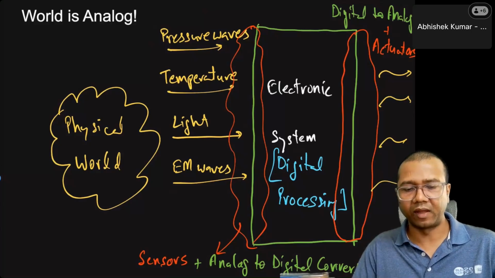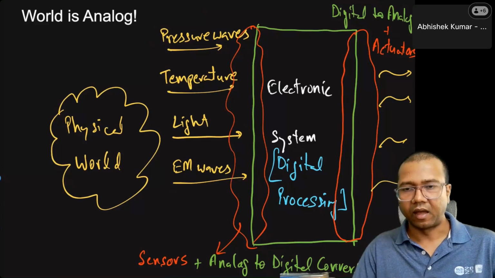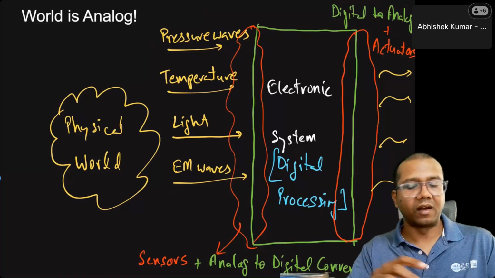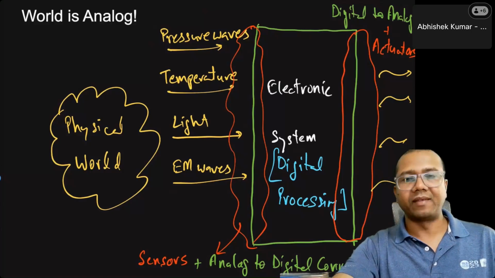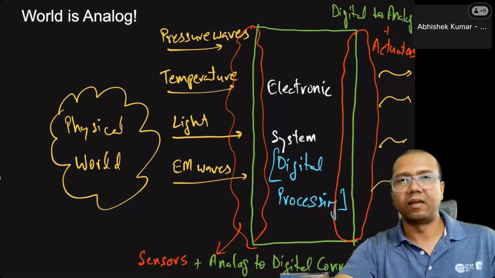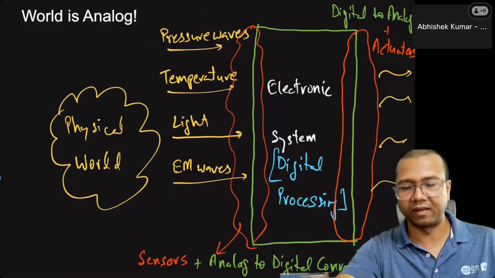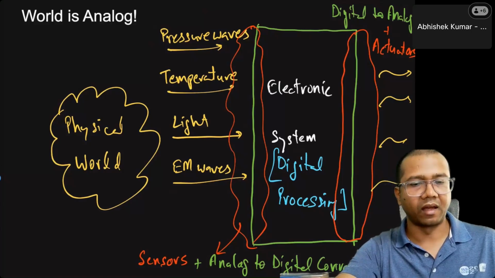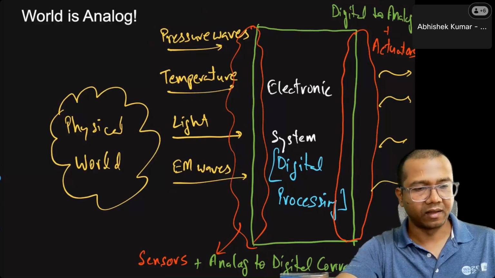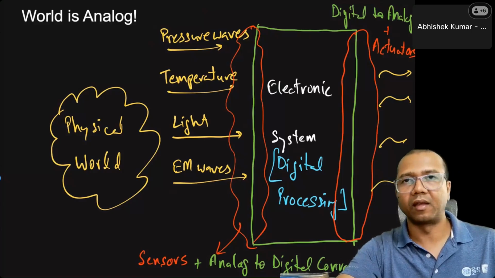Instead of actually drawing what is a digital signal and what is an analog signal, I will share just a quick demo of a very simple circuit. Okay, and based on that, I hope all of you will be able to appreciate that our digital circuits are not very different from the analog circuits, but the way we represent the signaling and the way we do the processing can be quite different.